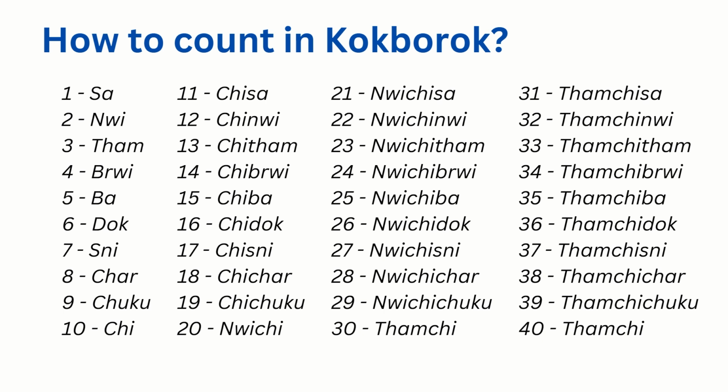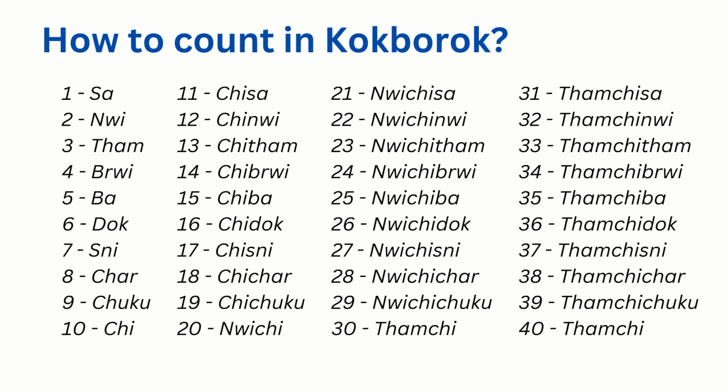Obviously, it is humanly impossible, and it is a very ineffective approach to learn numerals in this way. Therefore, there must be some general rules, some formulas, and certain tricks based on which we can arrive at a Kokborok term for any number.